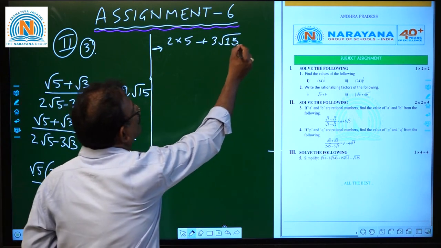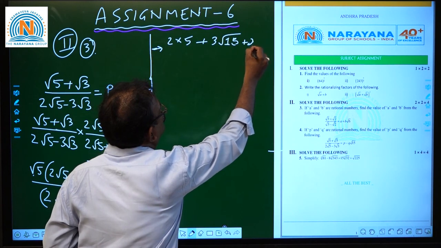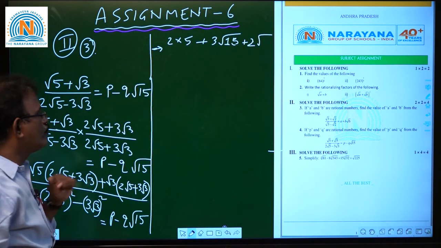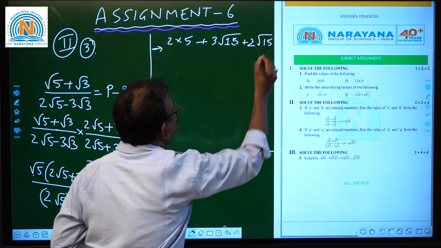So plus 2 into √3 into √5, √ of 3 into 5, 3 5s are 15.